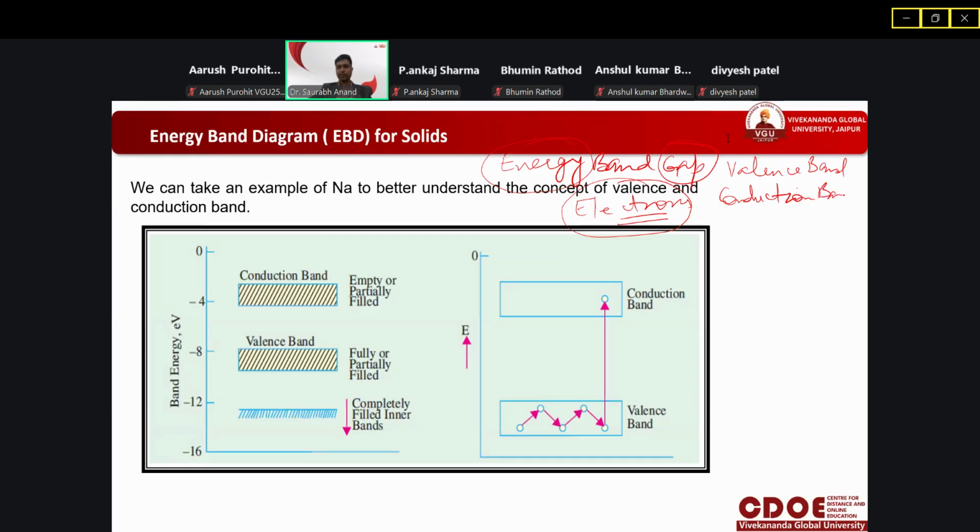So there will be two bands, valence band and conduction band. What does the study say? Study says that all the electrons, whatever the number is, are initially filled in the valence band. All are in the valence band.